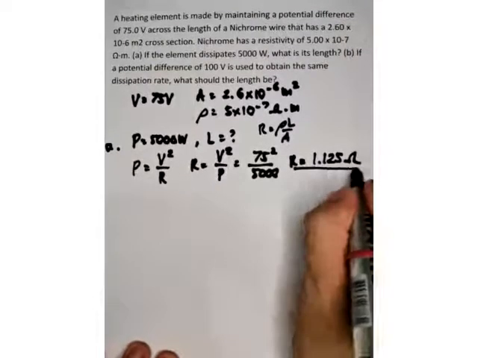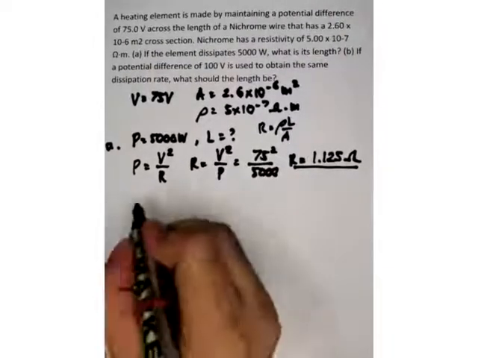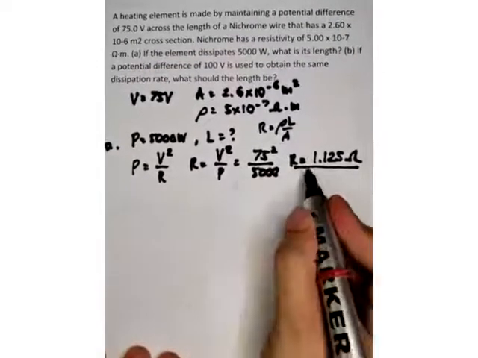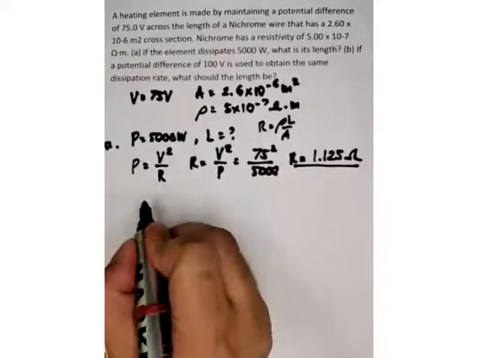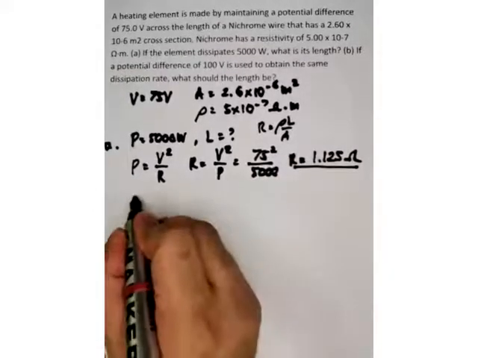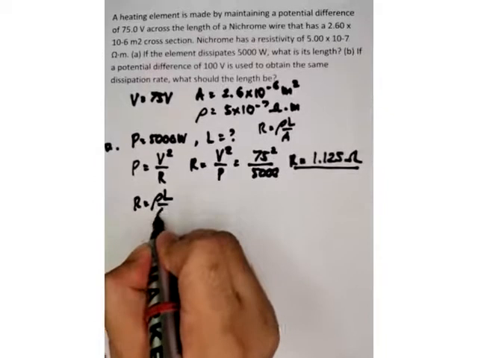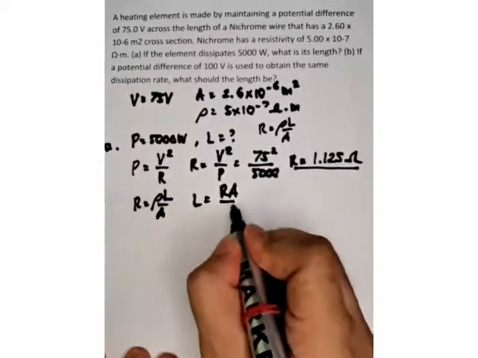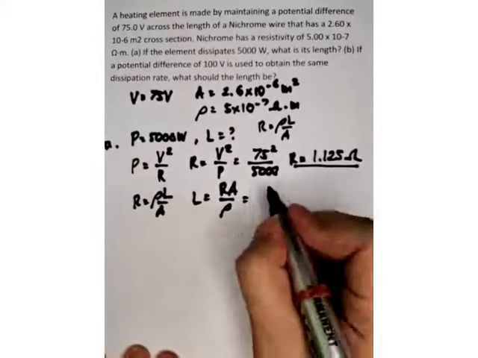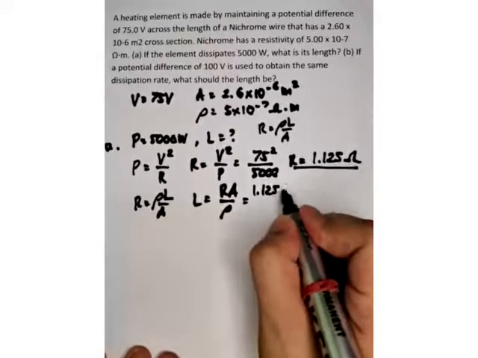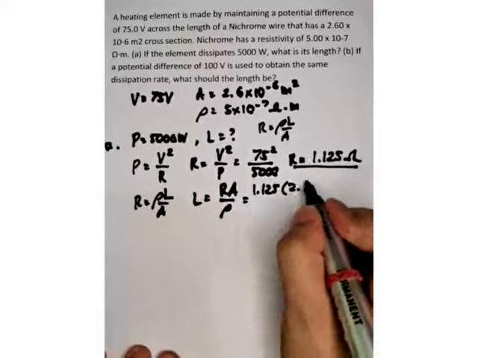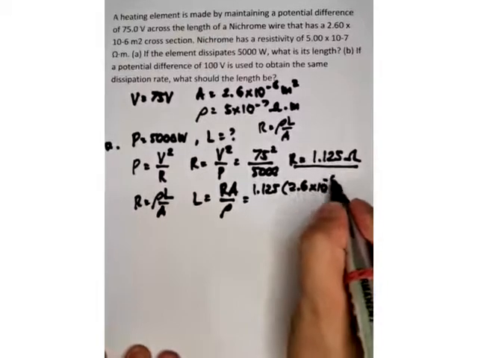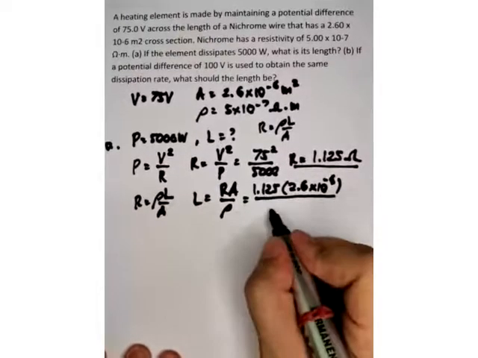Okay, and then, since we now have the resistance, pwede na natin kunin yung length. The resistance is rho L over A. So L is equal to resistance times area over the resistivity. So that's 1.125 times 2.6 times 10 raised to negative 6 all over 5 times 10 raised to negative 7.